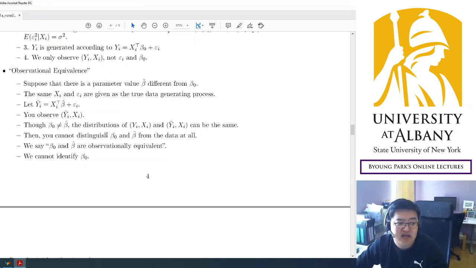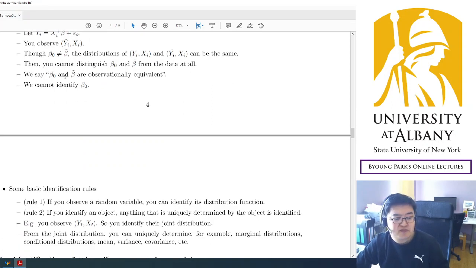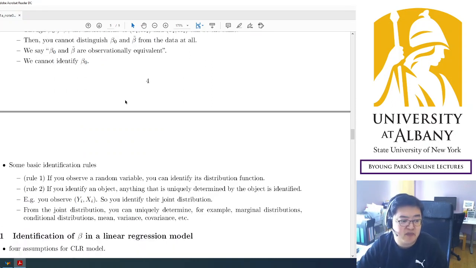That is identification failure. In this case, I assume that the number of observations is unlimited. So you observe an infinite number of observations from each data generating process, but they can be the same. So this is a problem.